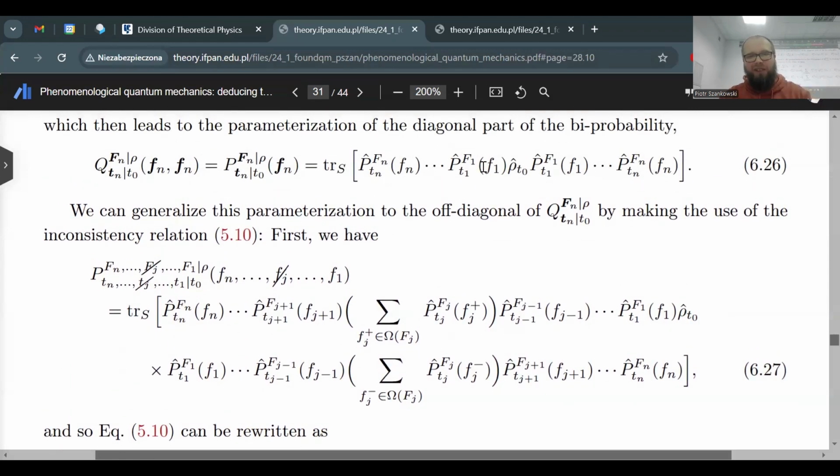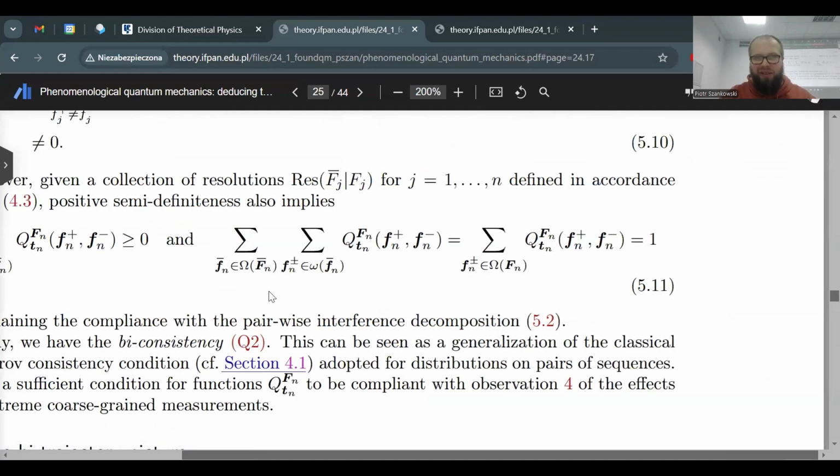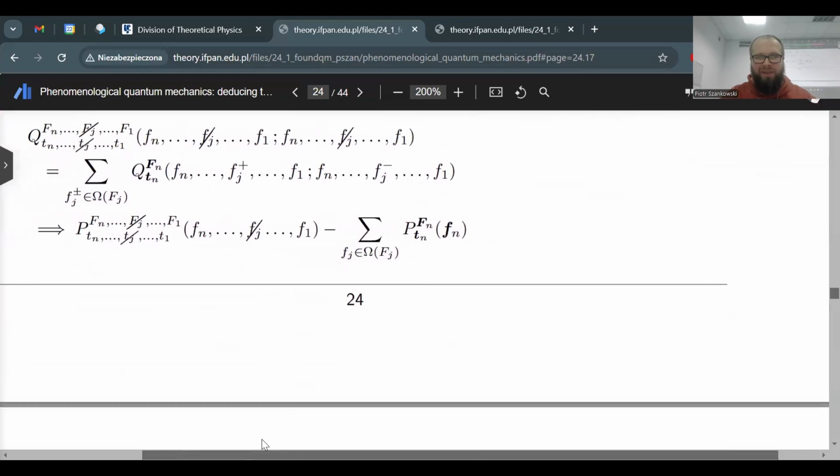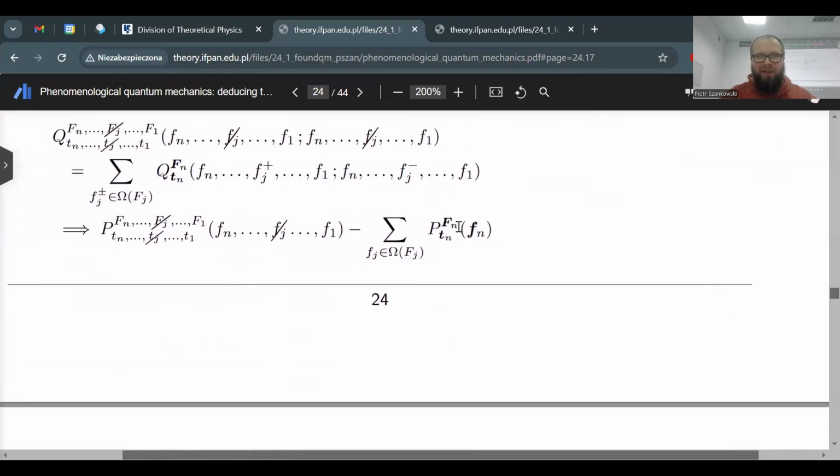But okay, so we have this diagonal part. Now we want to generalize it to the off-diagonal also. To get the off-diagonal, we can invoke the inconsistency relation. It was this formula: you take an n-time probability and you marginalize in the middle. In classical theories, you would get something shorter, so this would be 0.